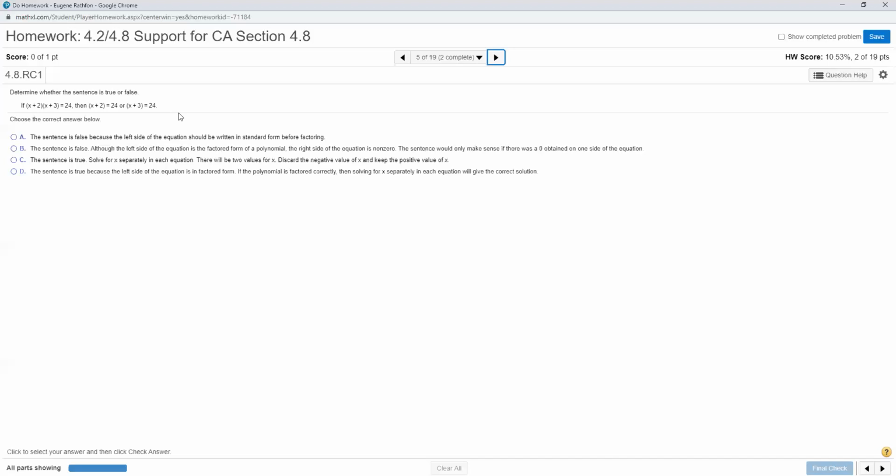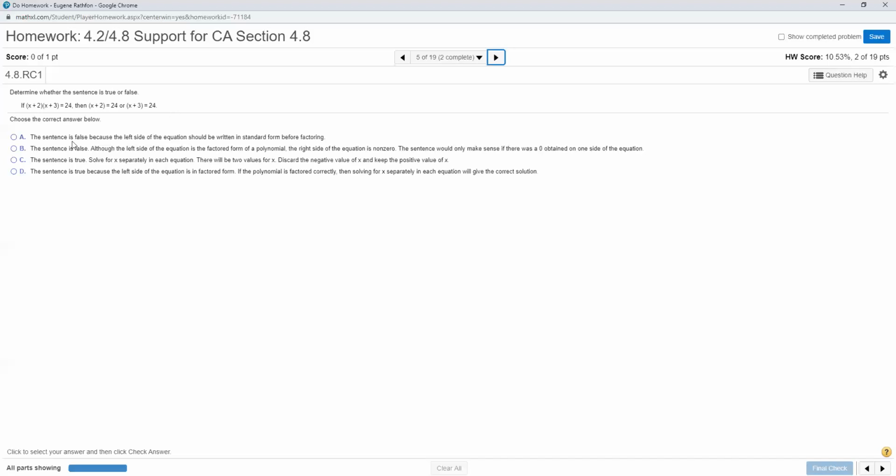And then once you factor that trinomial or binomial, you got to take all them factors and set them equal to 0. 0 is the only number that I can guarantee one of its factors. So since these got these equal to 24, we're going to put false on that.